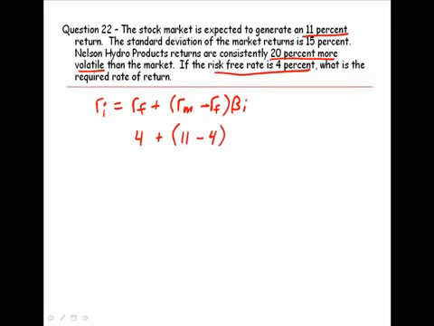And the beta of the asset is going to be 1.2 because these returns are 20% more volatile than are the market returns, and we know that the market has a beta of 1.0. So when we multiply this and add, we get a required rate of return of 12.4%.